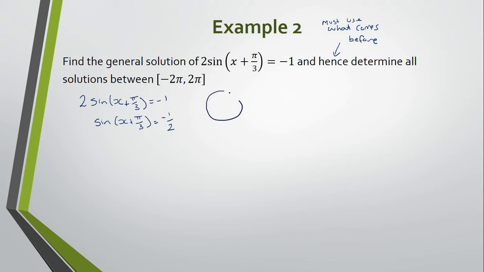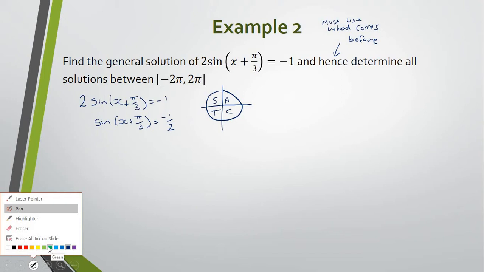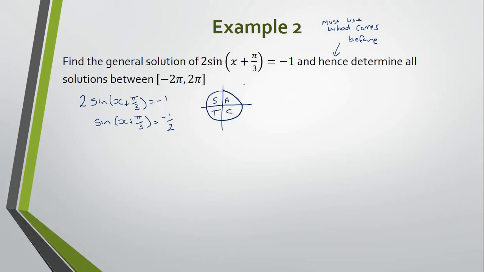When we think about our unit circle, if we remember before, we were defining sine. Now I know that this is negative, but we don't worry about that right now. We just think about how was our general solution for sine defined. And our general solution for sine was defined by looking at where sine is positive, which means we're looking at the first and the third quadrants.